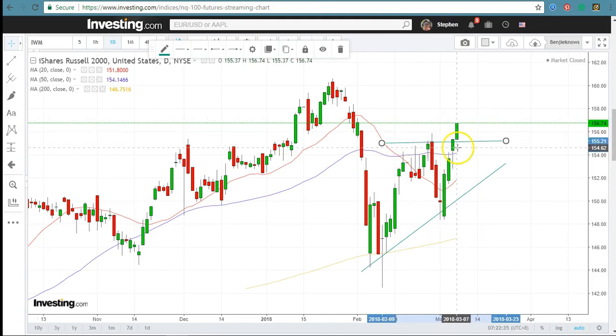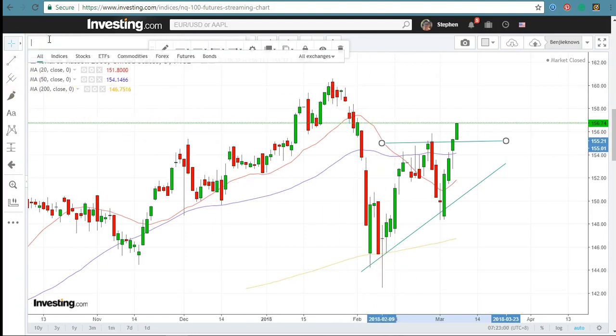So this area, around 154 to 155, will be a support. If it goes up and corrects, it will be a support for us to watch. And the IWM has also recovered most of its losses at the top 1/3 of this entire move down.